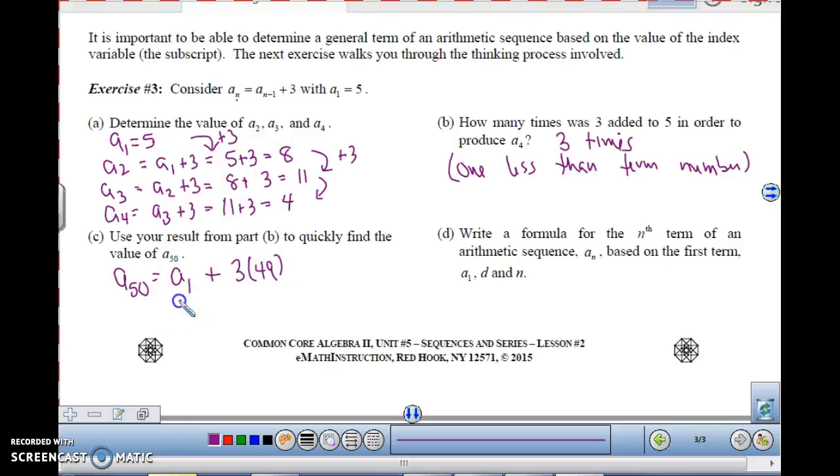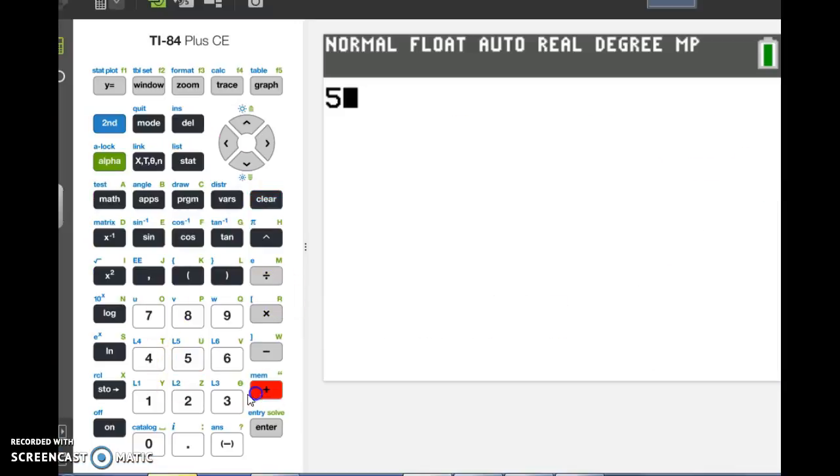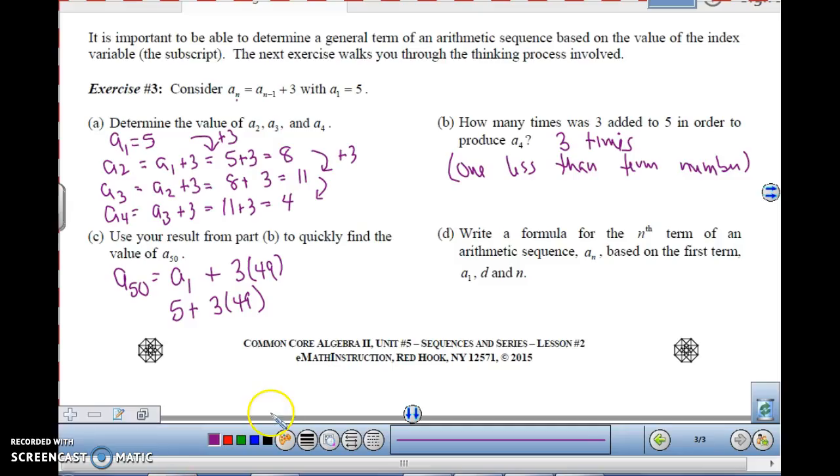All right, so A1 is 5, and then 5 plus 3 times 49, which is 152. So A of 50 is going to equal 152.